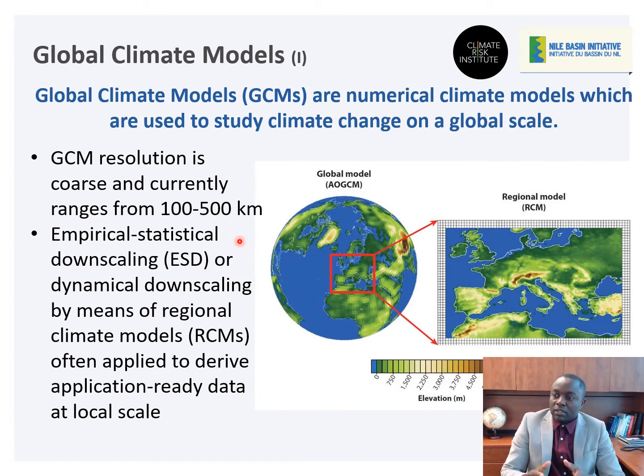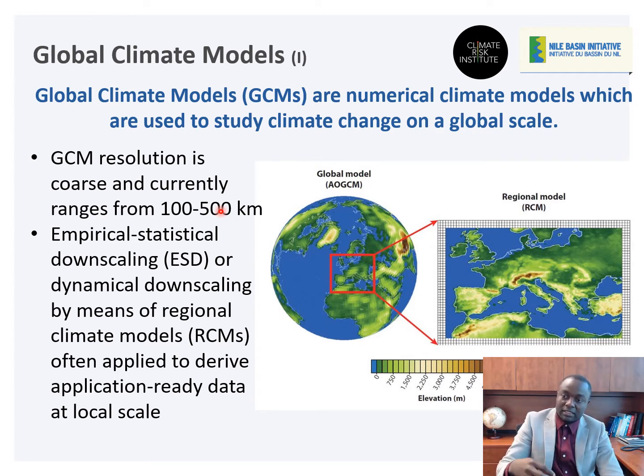Global climate models are numerical climate models, which are used to study climate change on a global scale. And as I said, the resolution has been increasing over time, but still this resolution is not good enough to really understand a changing climate at a local scale.